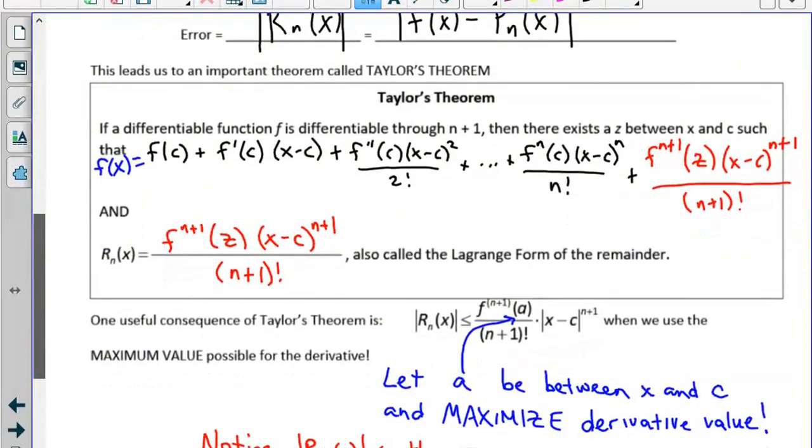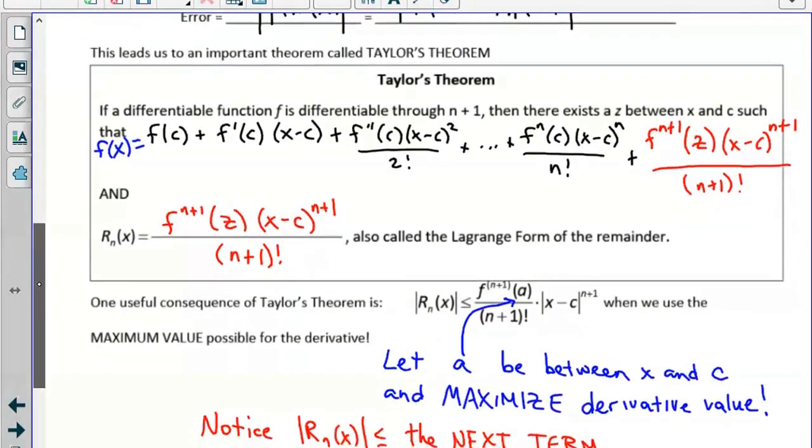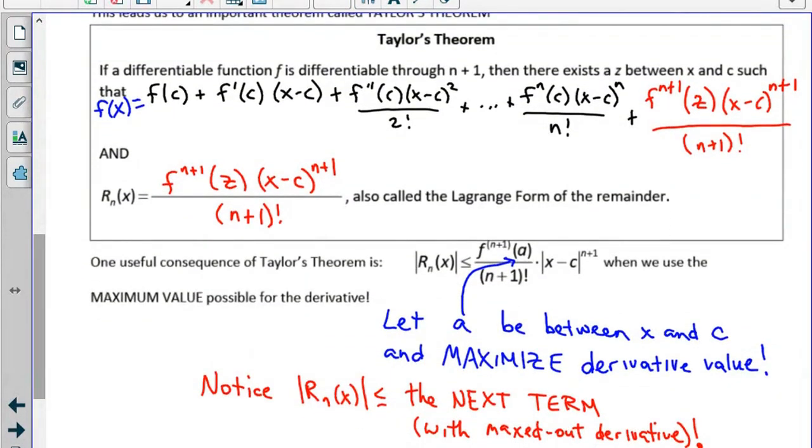So Taylor's theorem, I wrote a lot of this out in the interest of saving time in the video. But if we have some function that's differentiable through at least one more term than the polynomial that we have, then there exists a z between x and c such that the following is true.